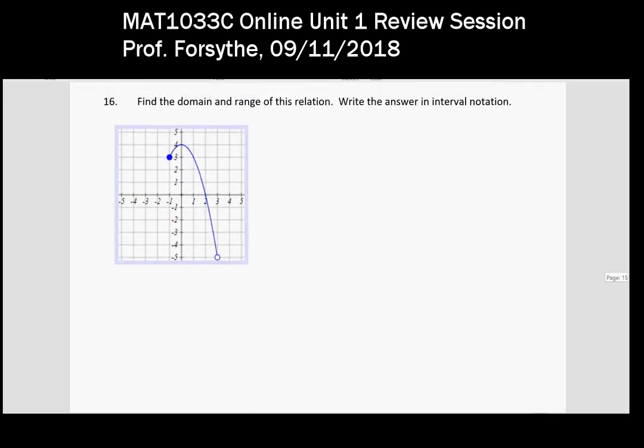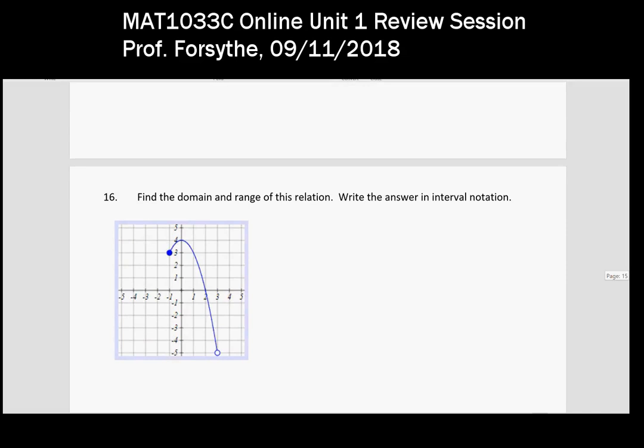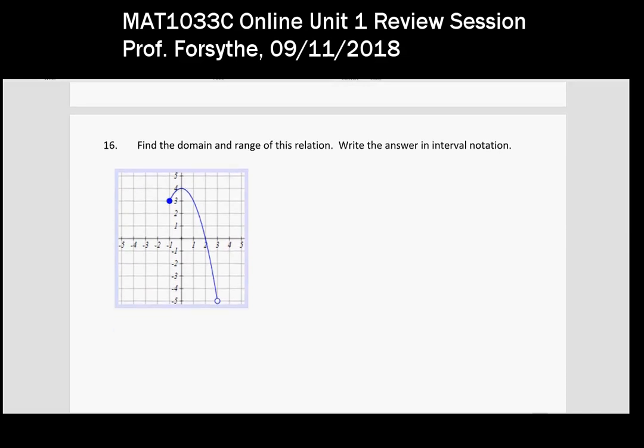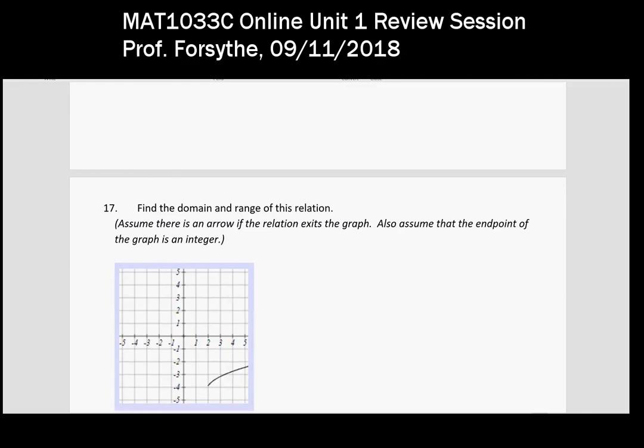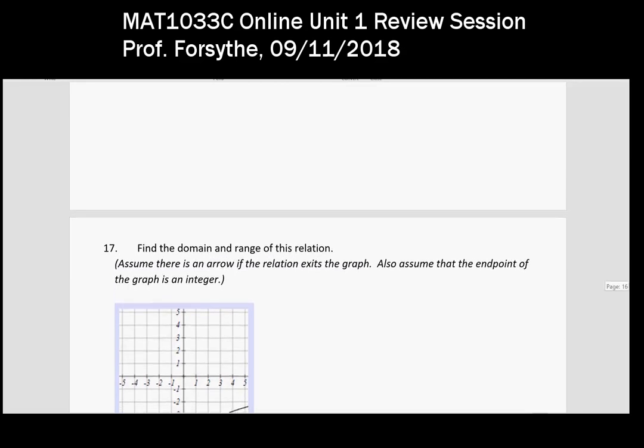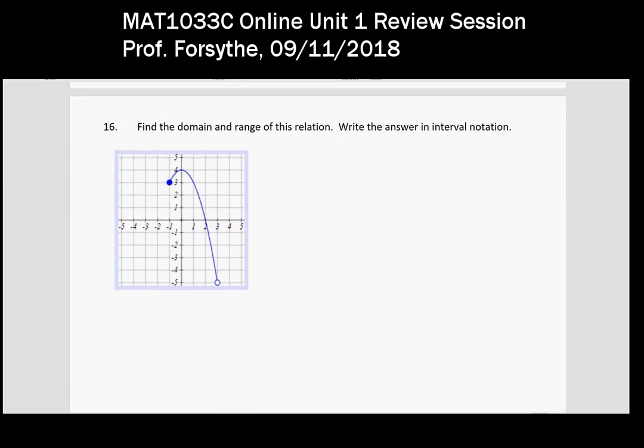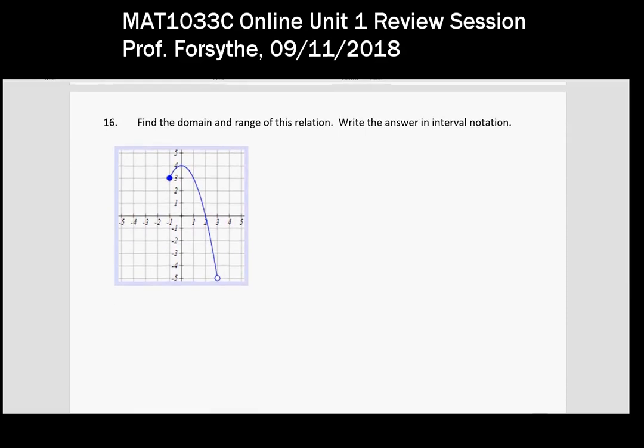Number 16, find the domain and range of this relation and write it in interval notation. All right, so the domain is all of your possible x values. So let's look at the x values, going left to right.